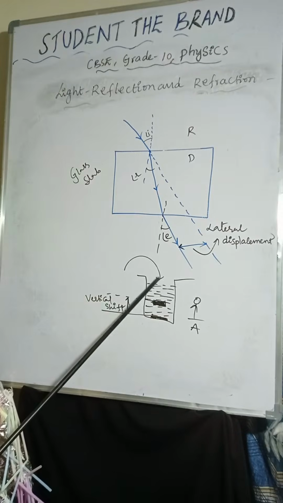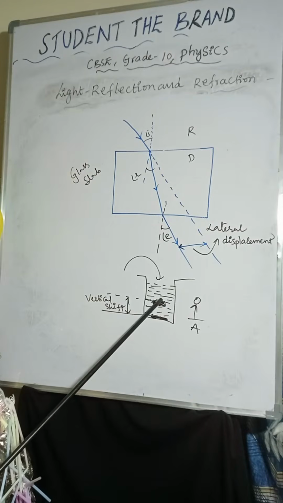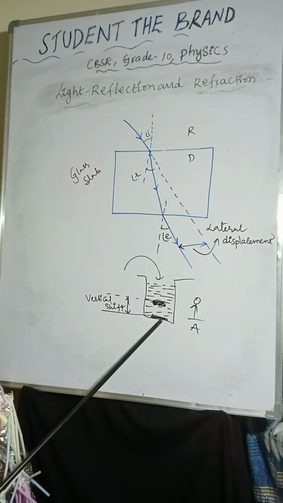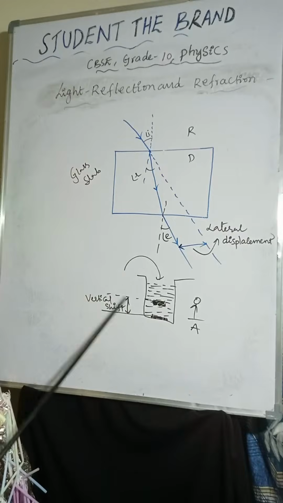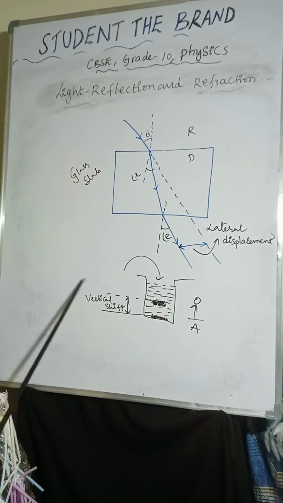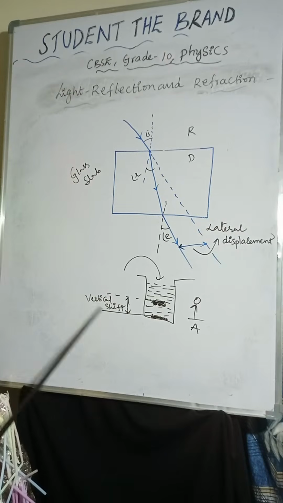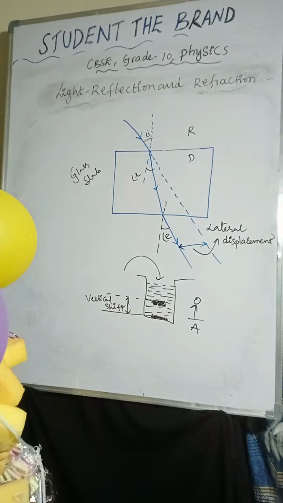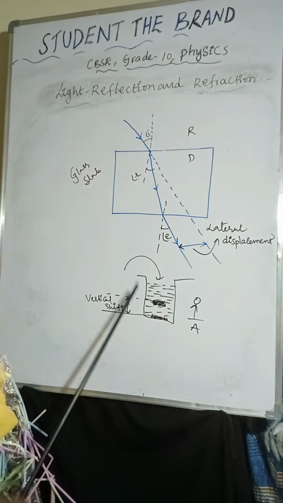After pouring water, the coin position rises up. The distance between the actual position and the apparent position is called vertical shift. Okay, so next one.